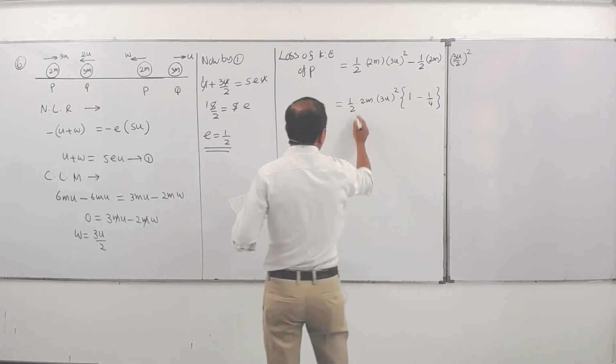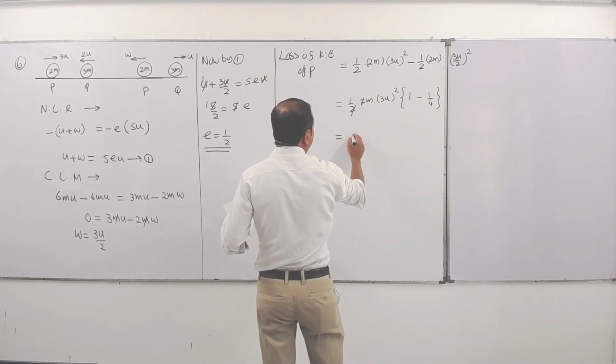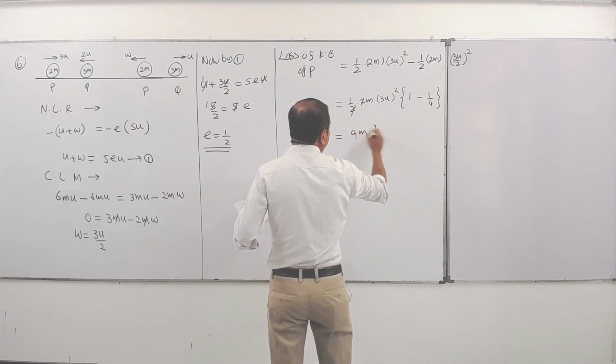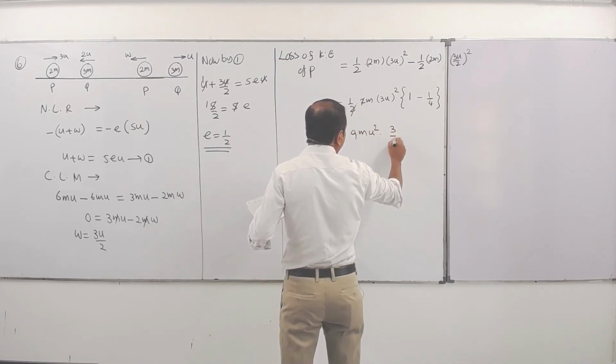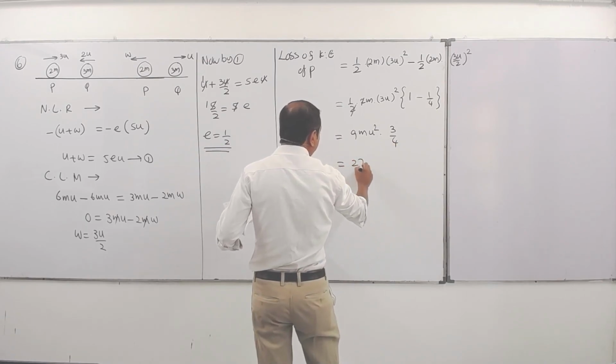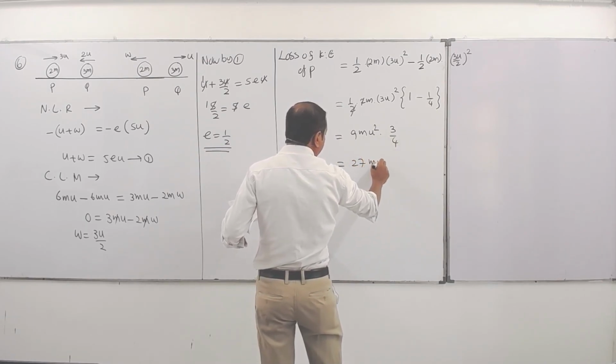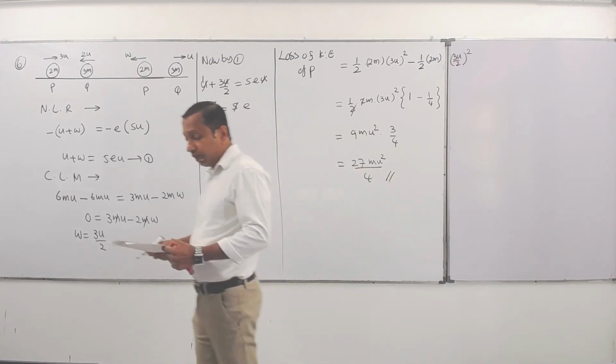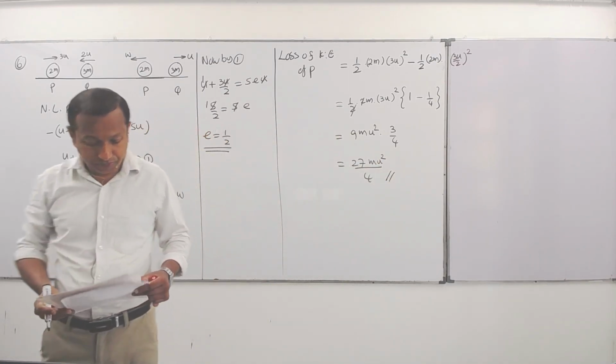Now we'll simplify this. This and this we can cancel down. 9mu squared, here 3 by 4. We get 27 mu squared over 4 is the loss of kinetic energy. Understood? Right.